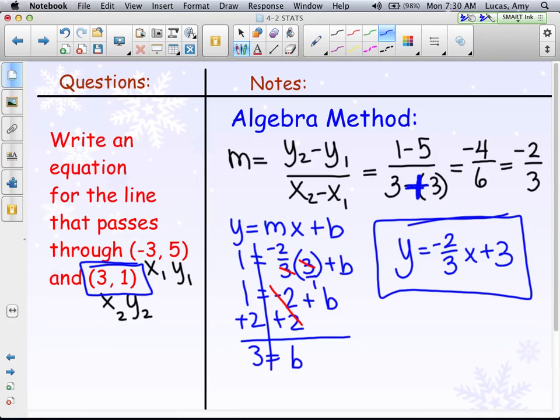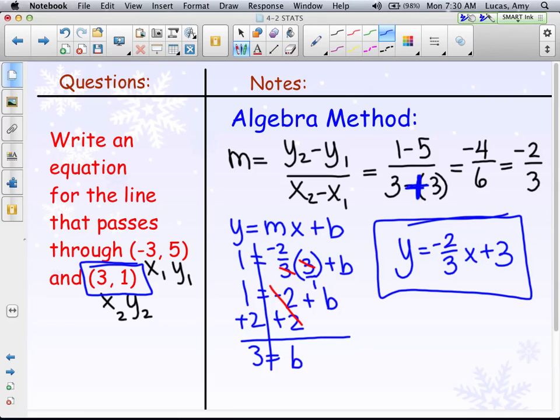Now, having more than one method is always a good option. This method always works. The first method, sometimes it doesn't work so well because if your intercept is not an integer number, that first method is not going to give you your intercept.